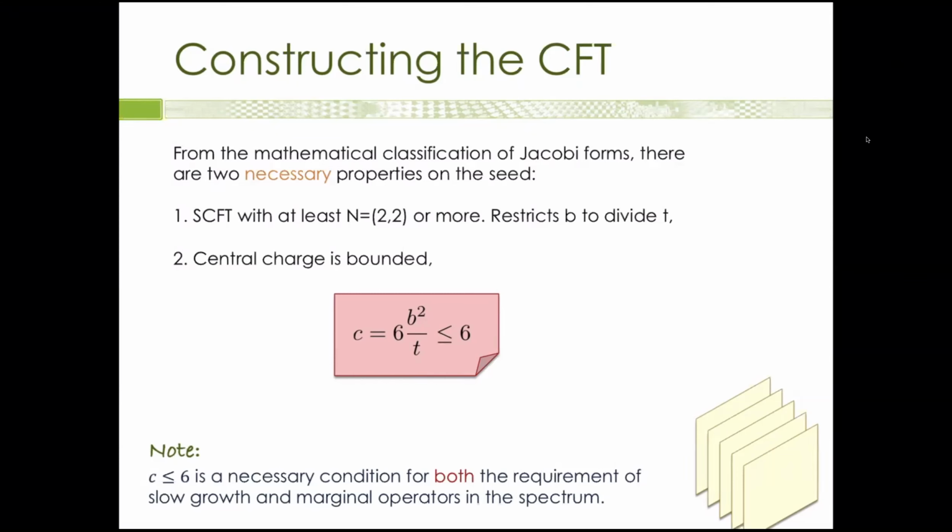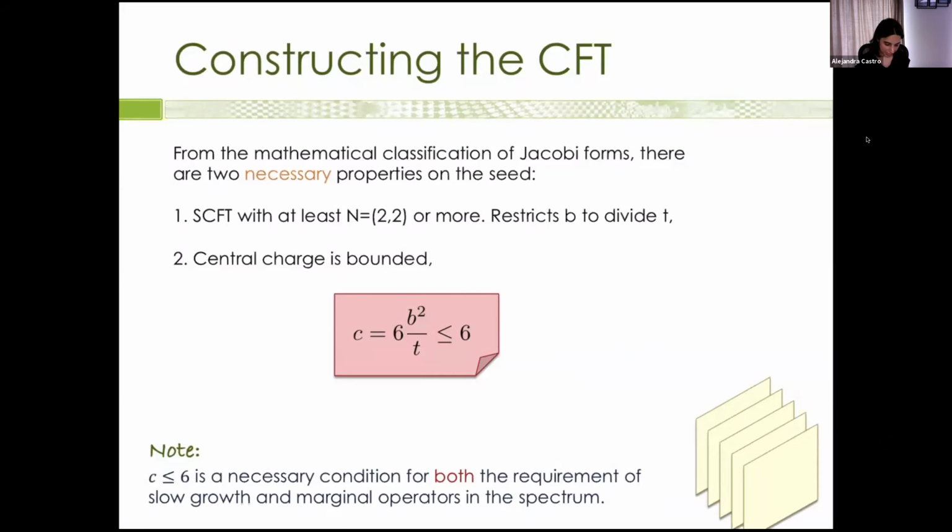What is nice is that we have been talking about the elliptic genera and imposing the slow growth condition on the spectrum, and the condition that C is less than 6 also appears if you look at the basic parts of the symmetric product orbifold spectrum: it is a condition for having a marginal operator in the symmetric product.